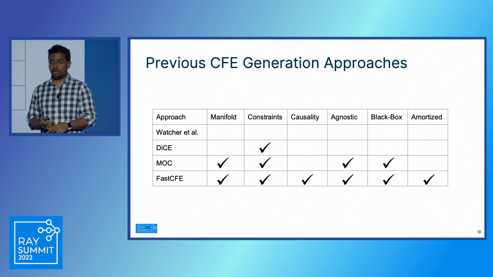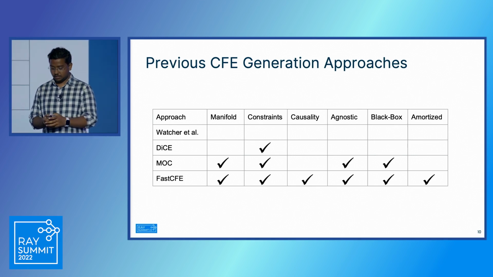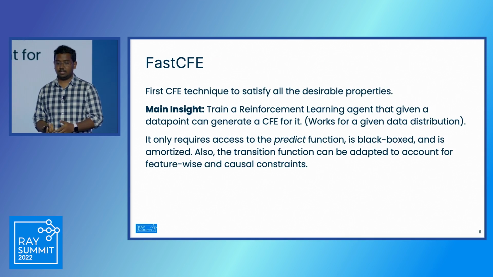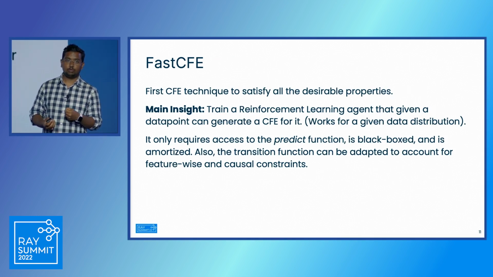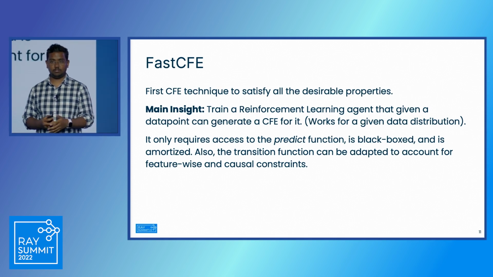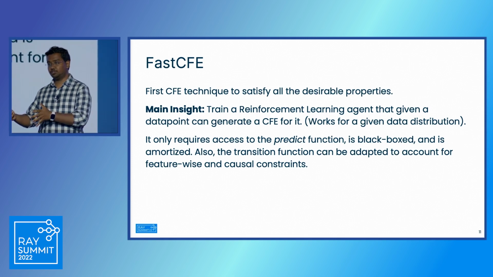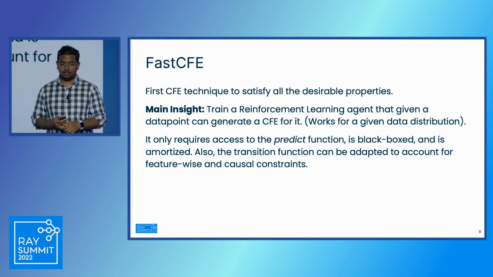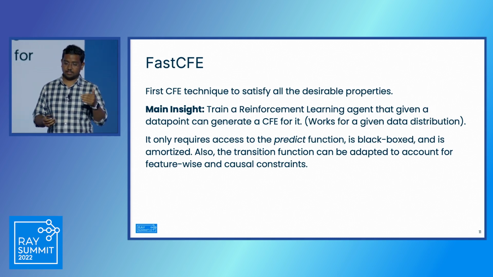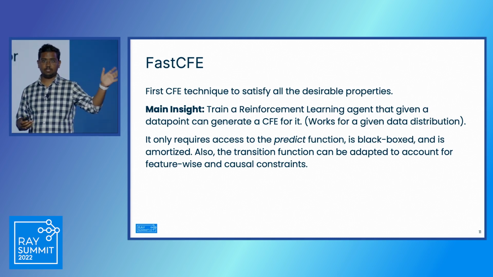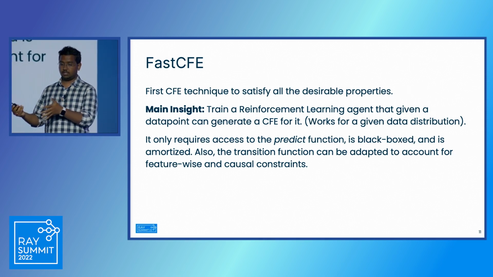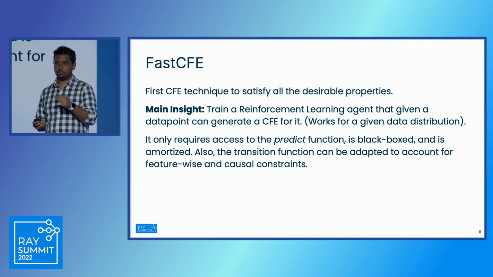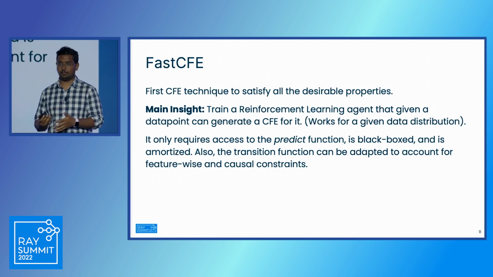And now let's talk about how FastCFE achieved this. So the main insight here was to train a reinforcement learning agent that could generate a counterfactual explanation for a data point from a given data distribution. And this insight can satisfy all the desirable properties that were mentioned in the slides before, because to train this reinforcement learning agent, you only need access to the predict function of a model, and hence it's model agnostic and black box.